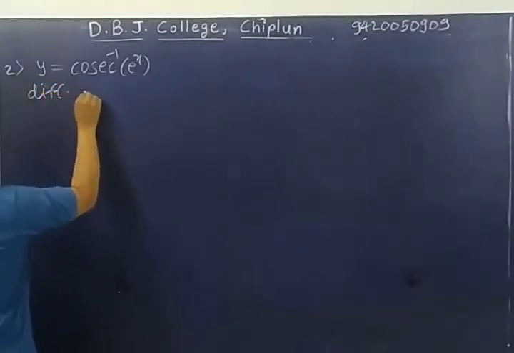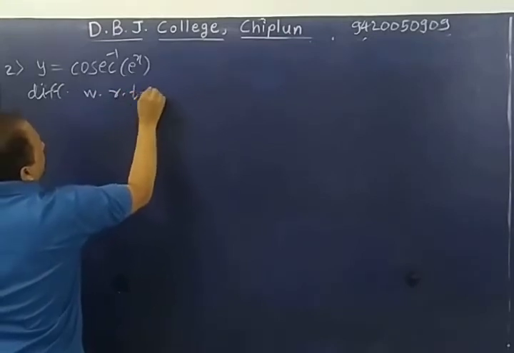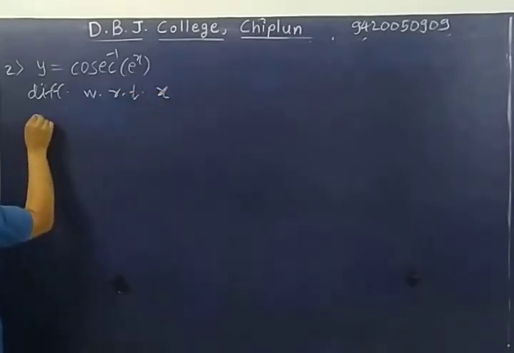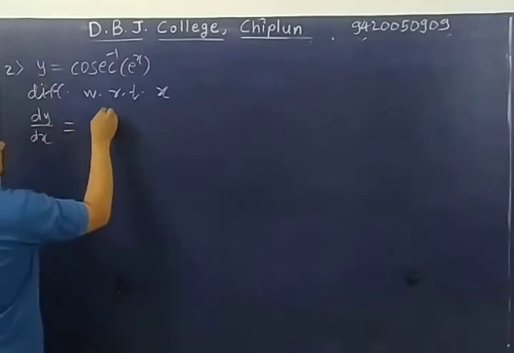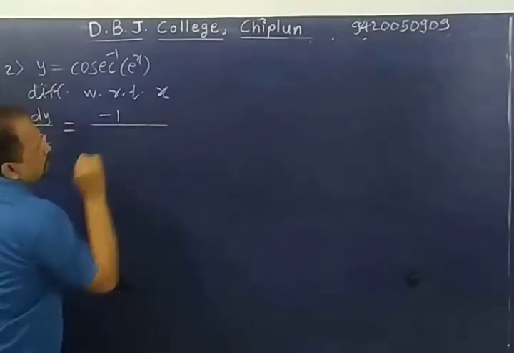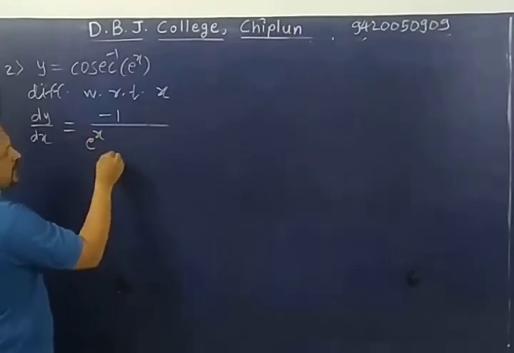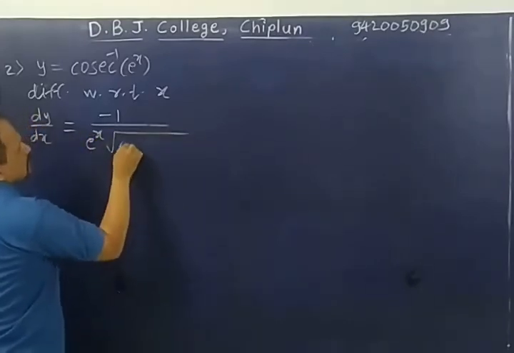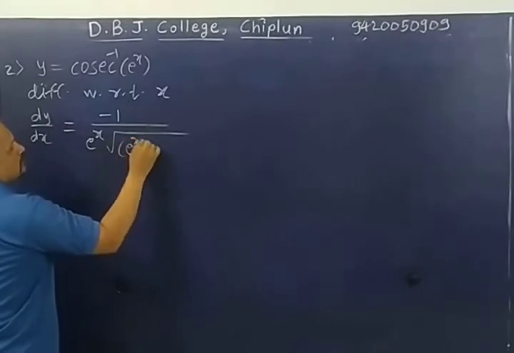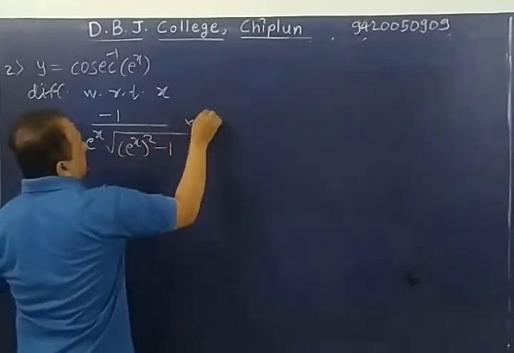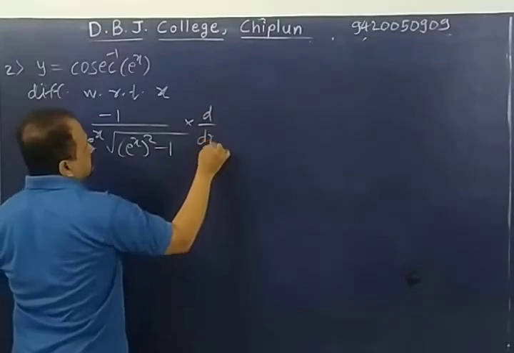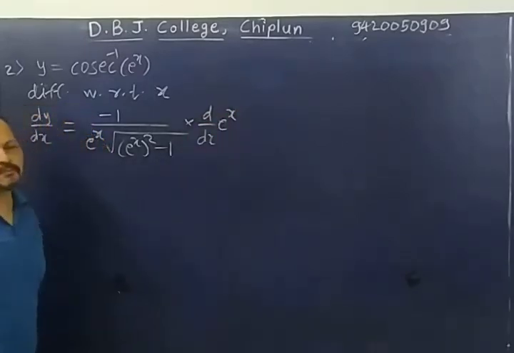Differentiating with respect to x using chain rule, dy by dx is equal to minus 1 upon e raised to x bracket under root bracket square minus 1, into the derivative of bracket.